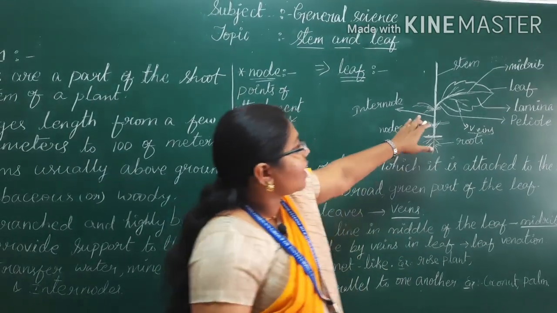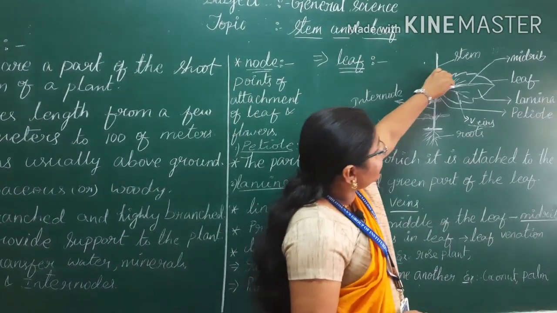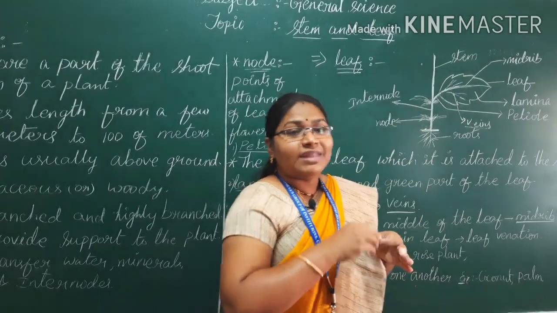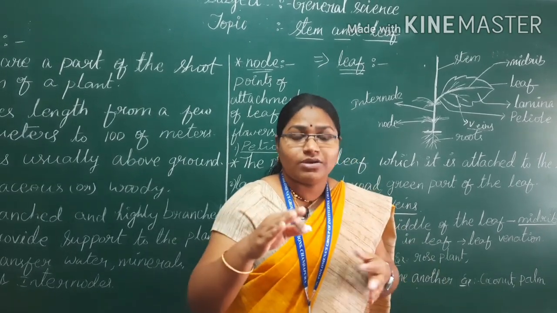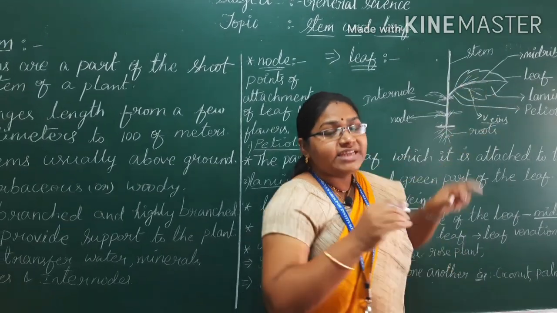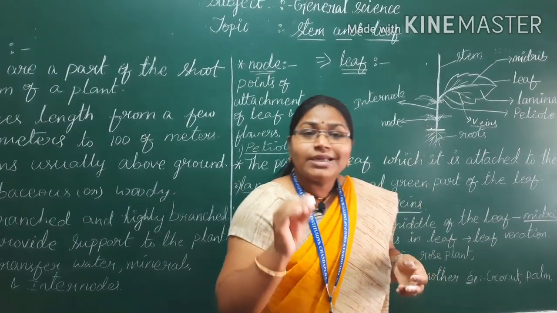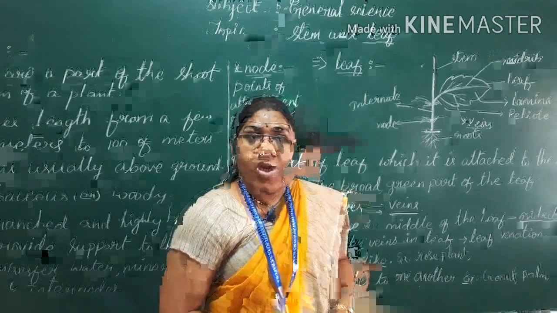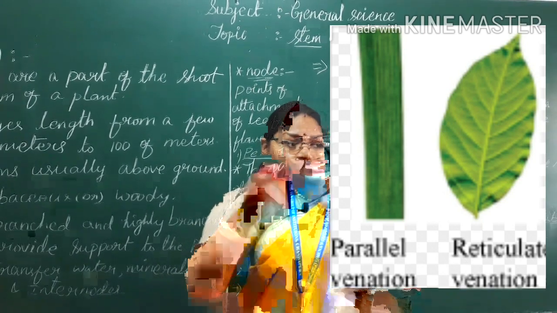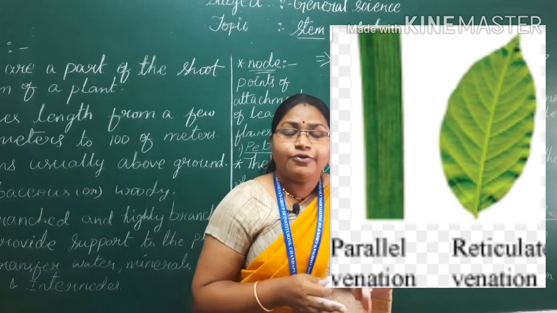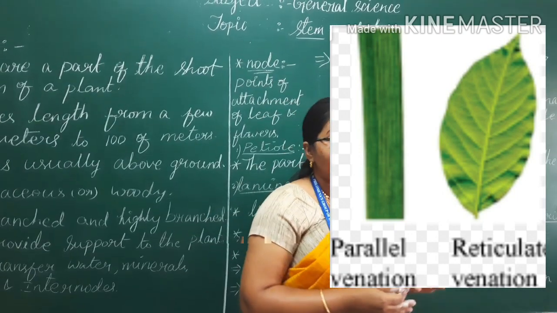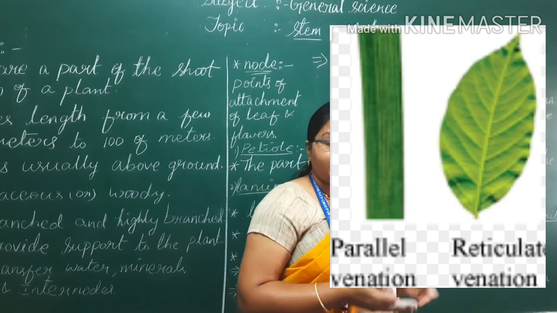Here, if you observe on both sides of the midrib, the veins are arranged in a net-like structure. That venation we call reticulate venation. You can see this type of venation in rose plants, for example.